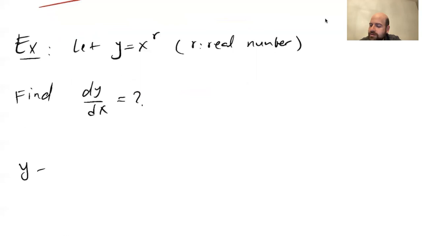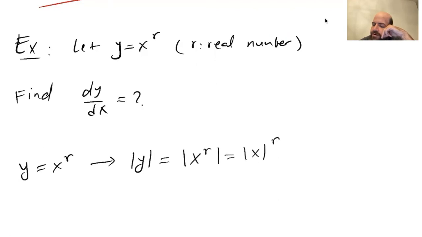So y is equal to x to the power r. I want to take ln of both sides. But x to the power r, depending on x and depending on r, could be negative, right? For example, minus 2 to the power 3 is negative, and ln is defined only for positive numbers. So first, let me take the absolute value. The absolute value of y is equal to the absolute value of x to the power r, which can be written as the absolute value of x, to the power r.